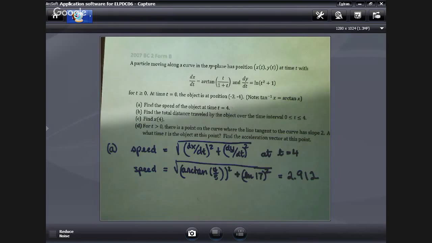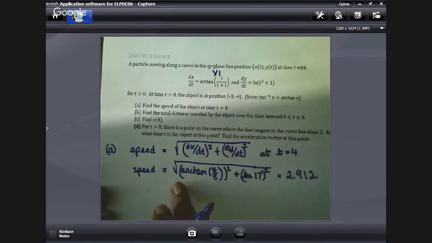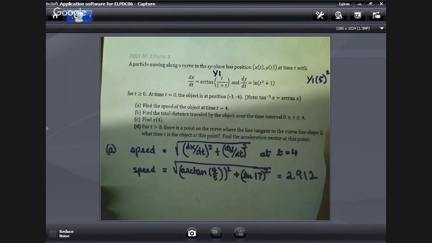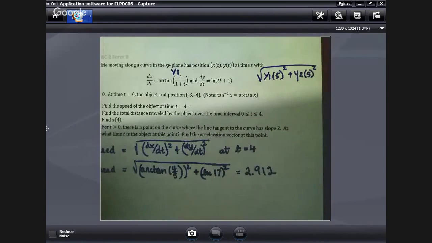Actually, it's y1 of 5 squared plus y2 of 5 squared, square root. That will give me the speed that I want without me retyping.